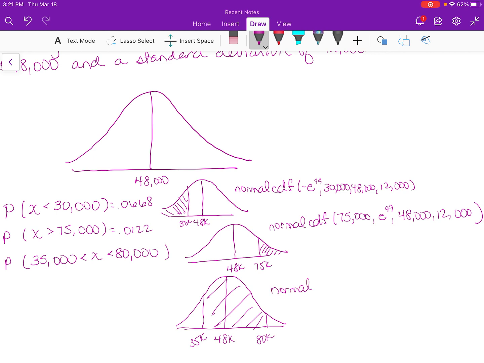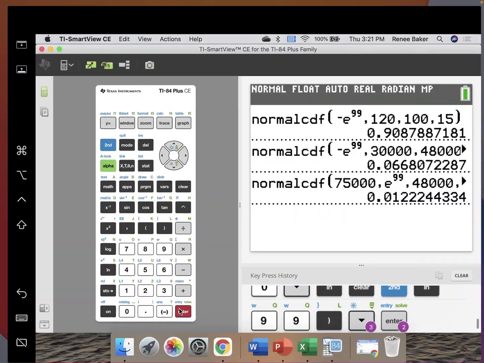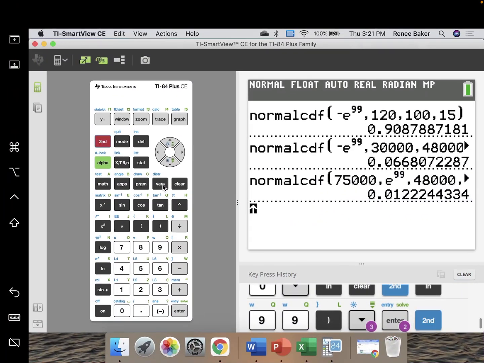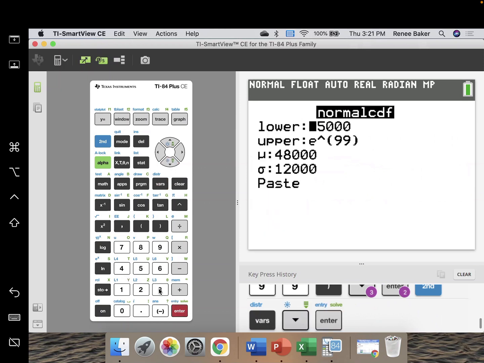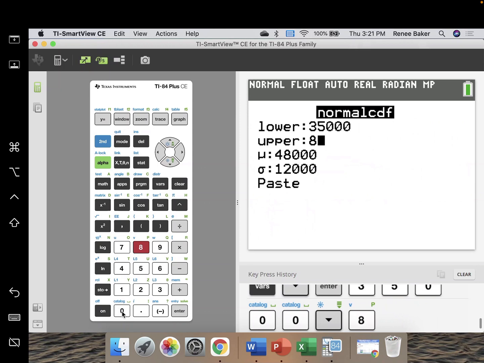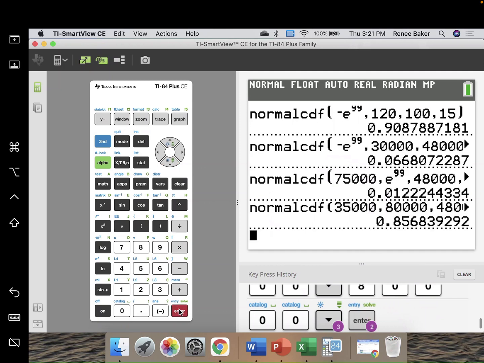So I'm going to use normal CDF. 35, 80, 48, 12. $35,000, 80,000, 48, 12, 0.8568.